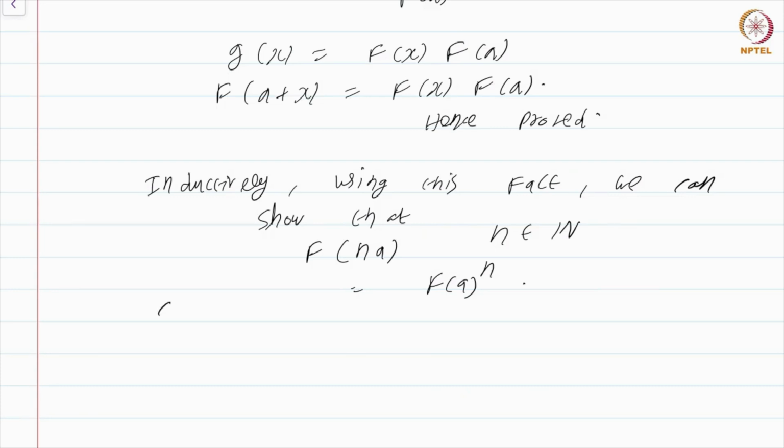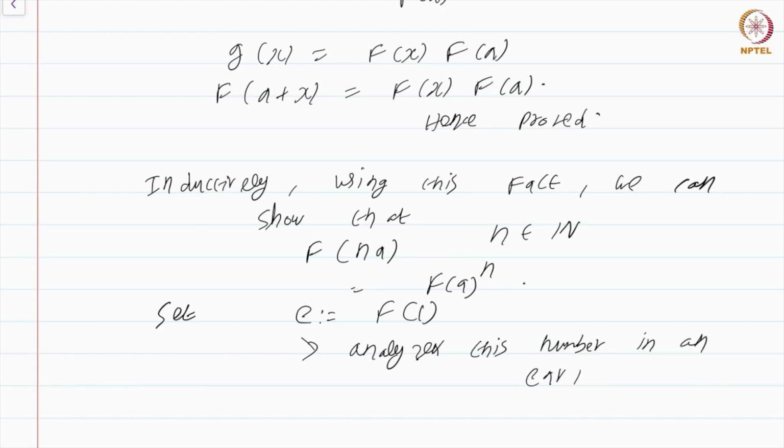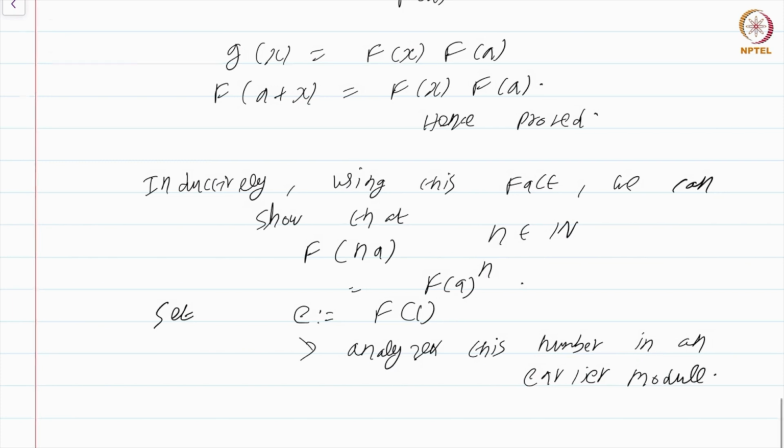Now set e to be equal to f of 1. We have already analyzed this number in an earlier module. In particular, we have shown that this e is actually an irrational number.